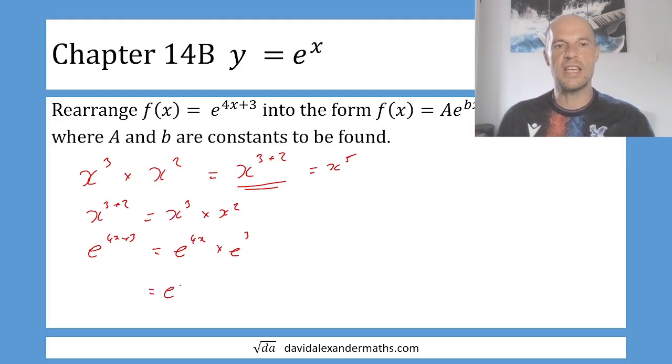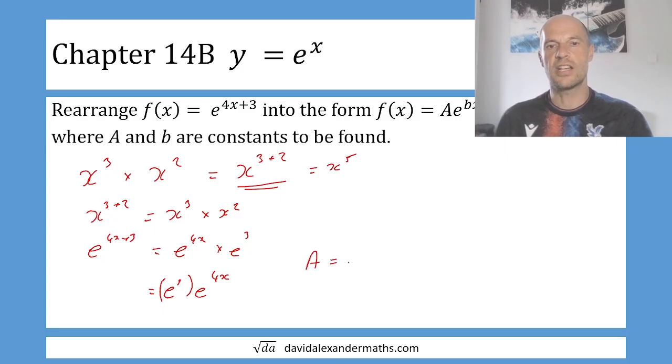So that is e cubed lots of e to the power of 4x, and now we've got it in the form required. So here a is e cubed and b is 4. It's really important to know that when you've got a power with a plus or minus, you can turn it into, in this case, e to the 4x multiplied by e to the power of 3.